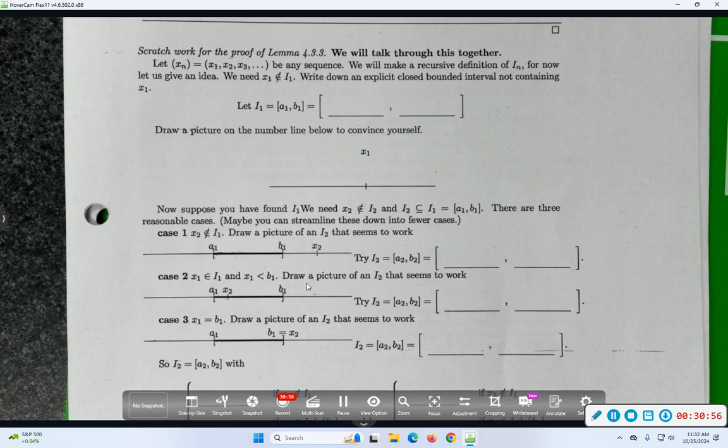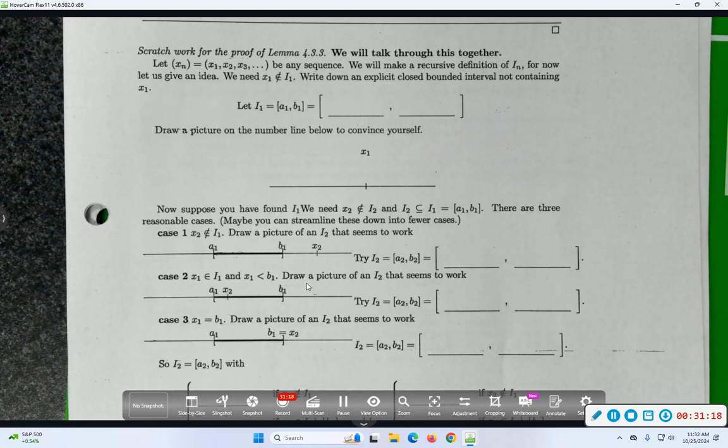What seems like a good choice for A1? X1 plus or minus something. And I guess whether you do plus or minus affects your choice of B1.